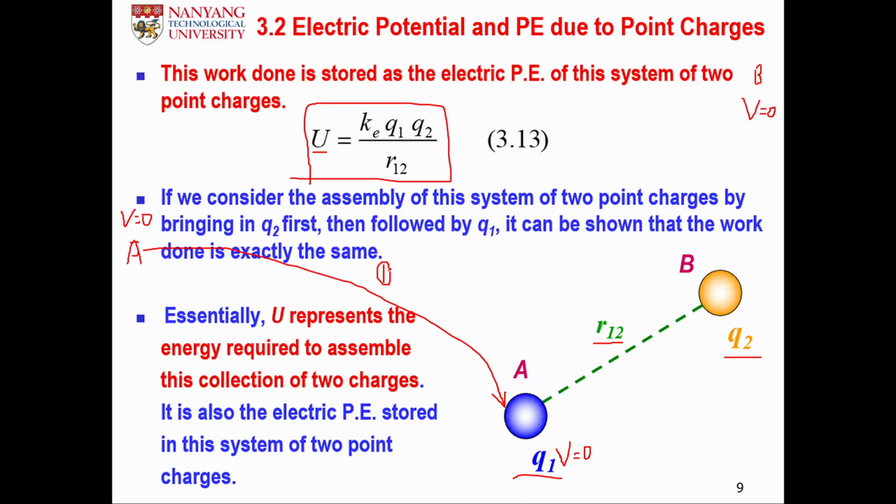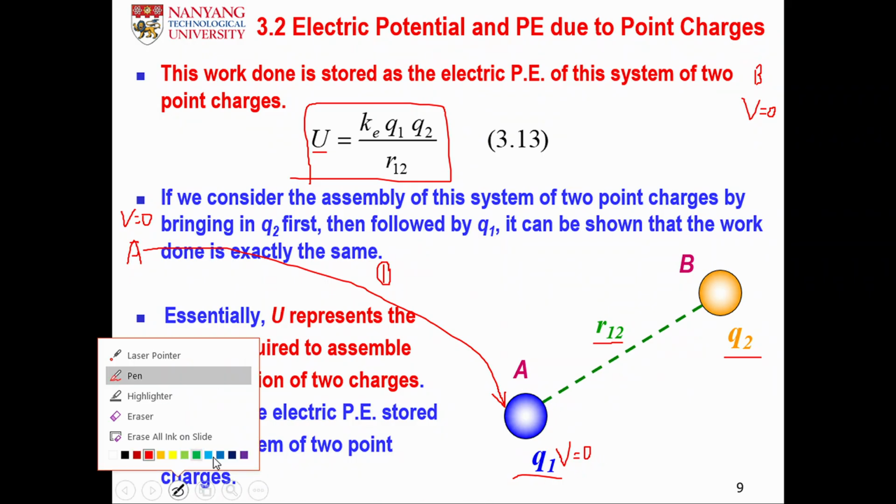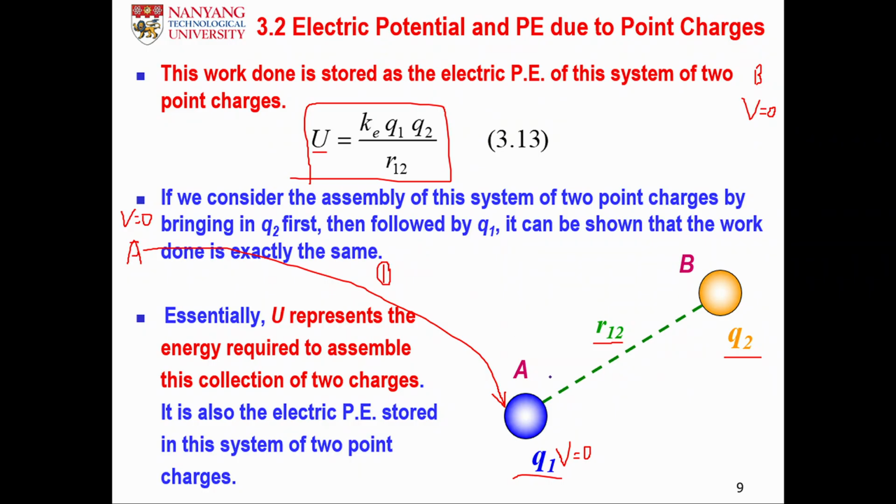Now, once you have this charge Q1 at point A, you will have a finite V in this space due to the charge at point A, which equals KQ1 over R, right?